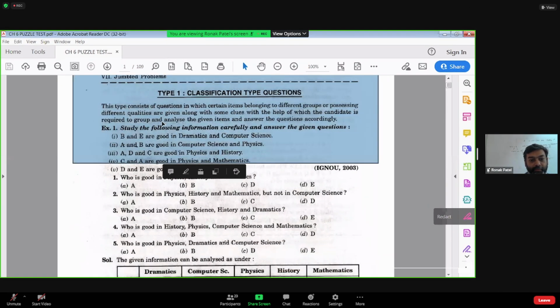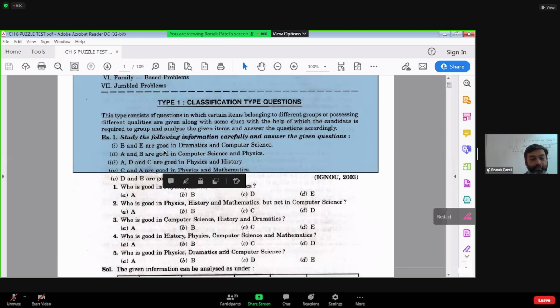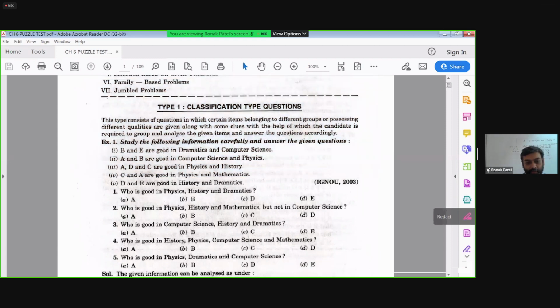Study this information carefully, right? And try to solve it. I'm not going to show the solution downward, but you see that here. Try to organize this information.